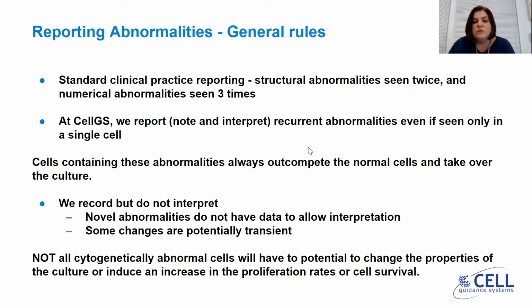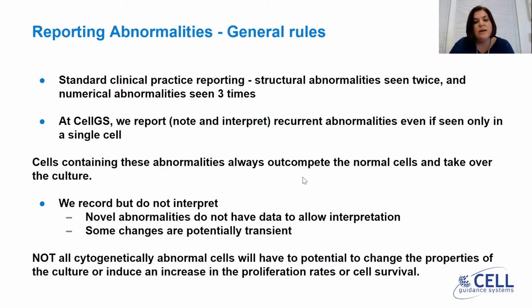We record all abnormalities, but we do not always offer interpretation. That's for cases such as novel abnormalities, where there is no published data to allow interpretation of what this would actually mean for the cells.